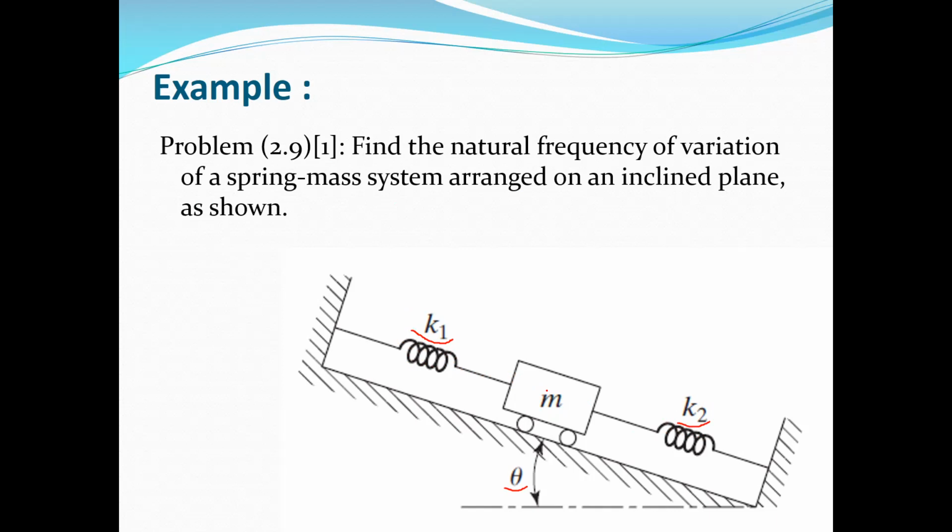So definitely we will have some initial static deflection, but we will derive the equation of motion about the equilibrium position after the initial deflection and solve the equation for this system.